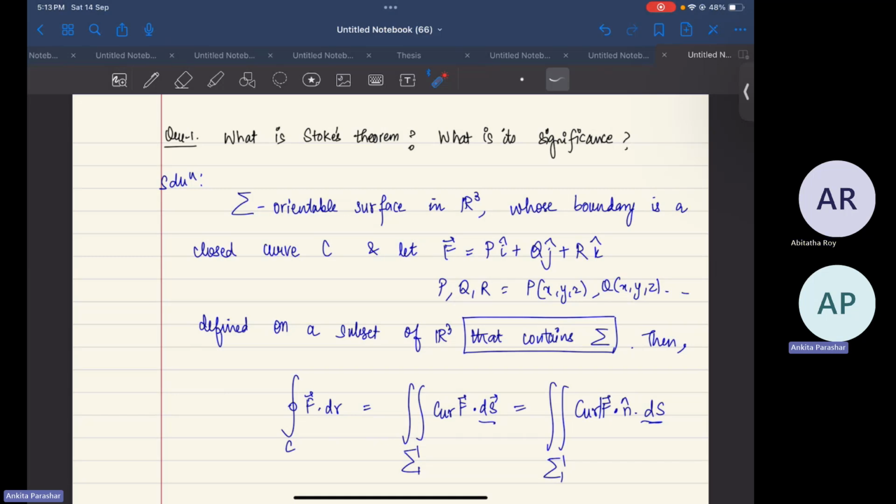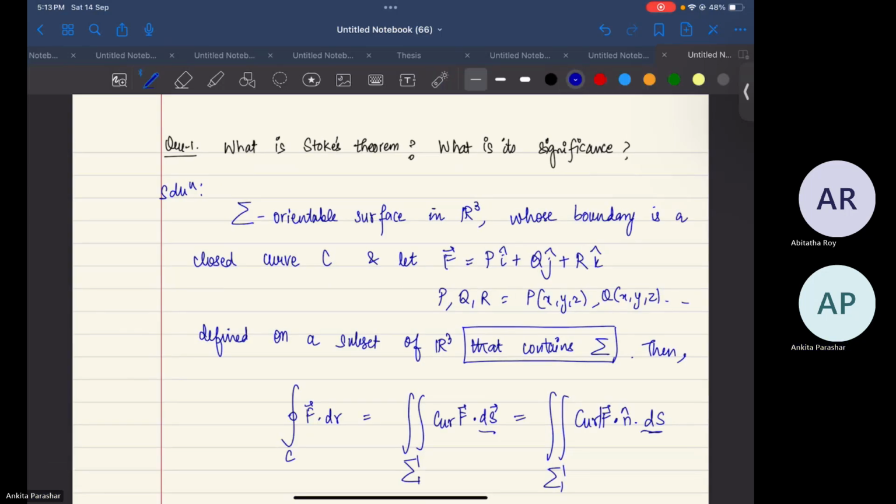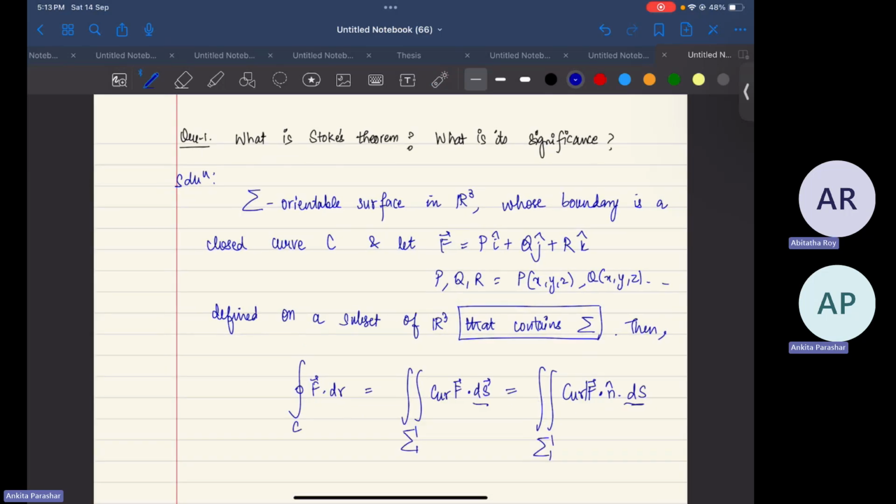If you can compute the surface integral, then it will be easy to compute the line integral, because there is an equality as long as your vector field is defined on the surface. All right, that's all I want to say. So it is about relating a single integral with the double integral, so we can switch whenever we think one of them is easier.